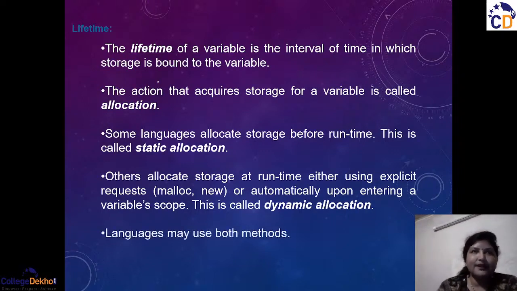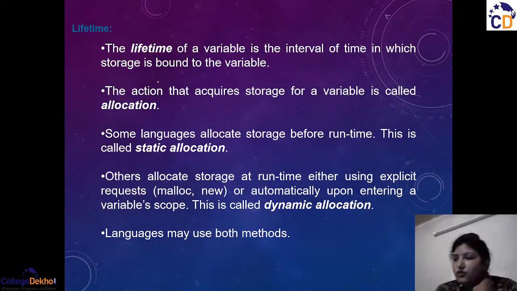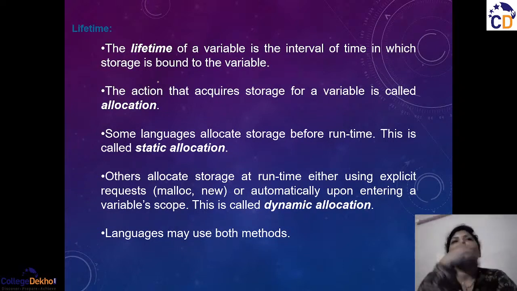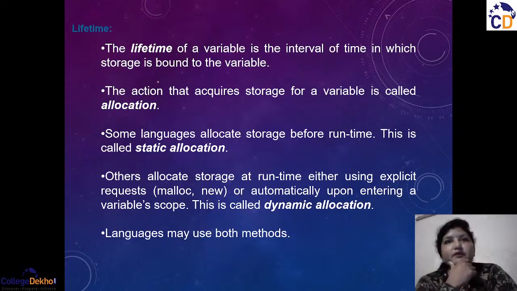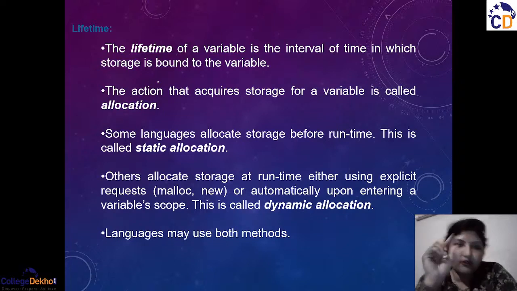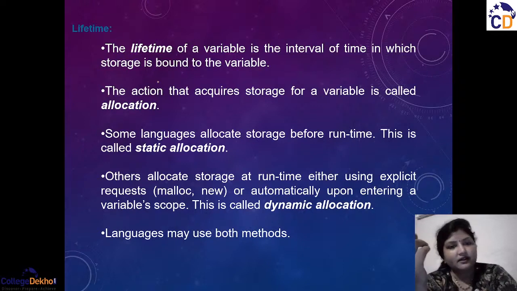Other allocations, like when we allocate memory at runtime, we may be using some functions or keywords, that is malloc, calloc, new. These keywords are used for storing the variables at runtime. Languages may use both. It is not any constraint or mandatory issue that you need to define your variable statically at compile time, or you need to specify your variables at runtime.